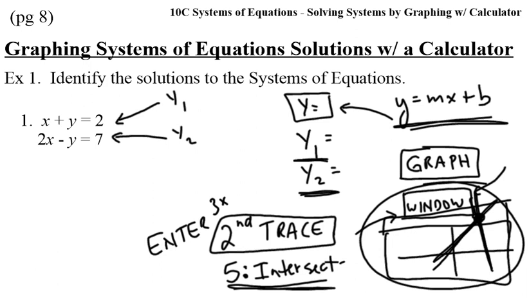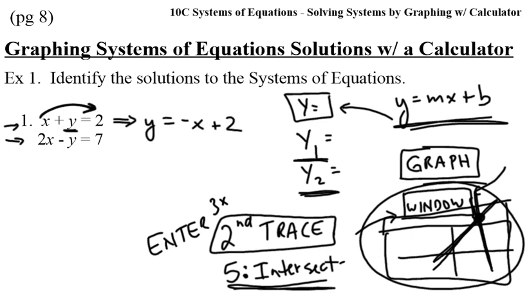So, with all that in mind, let's see what we come up with. To start with, both of these equations need to be put into slope-intercept form. I want my positive y to stay, so I'm going to move x over. So I would have y equals negative x plus 2.